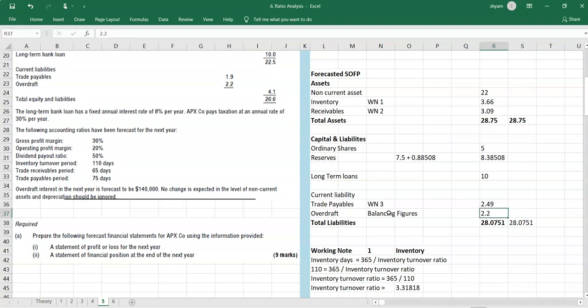Okay, I think we'll remove this one. So it would be 25.8751. Okay, so see, this is the total asset, this is the total liability. The difference between these two should be the overdraft. So this number minus this number should be the overdraft.